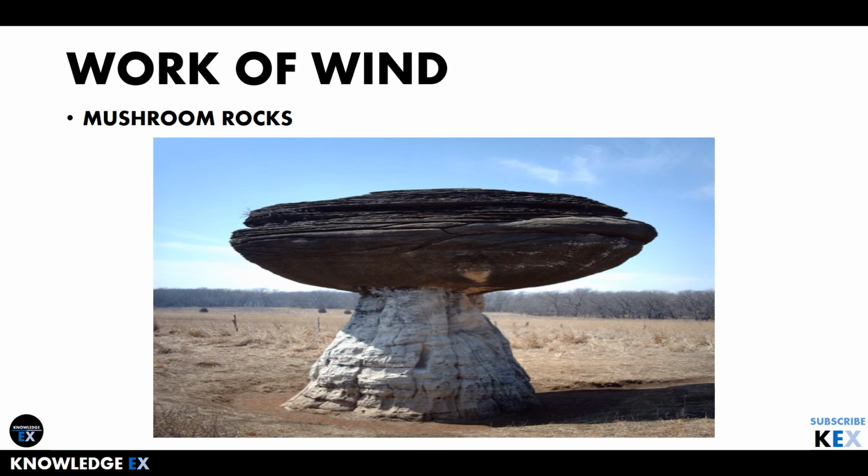So you can see that the lower level of the rock has been eroded continuously, whereas the upper level of the rock is intact because the wind cannot carry the tools of erosion at much height. So the upper portion has been eroded very little, whereas the lower portion has been eroded heavily, so a mushroom-like structure has been formed. These are called mushroom rocks.